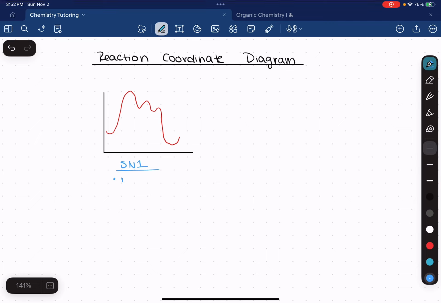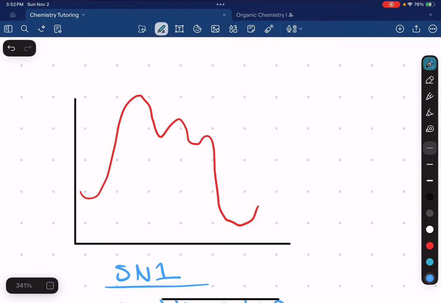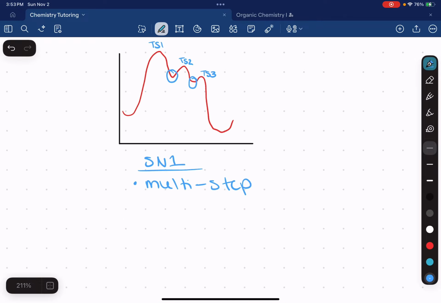Why? Because it's a multiple step. Multi-step. You can see this is an intermediate, this is an intermediate. These are the transition states. Right? It's a multi-step reaction with multi-transition states.